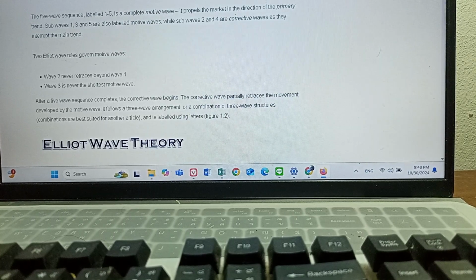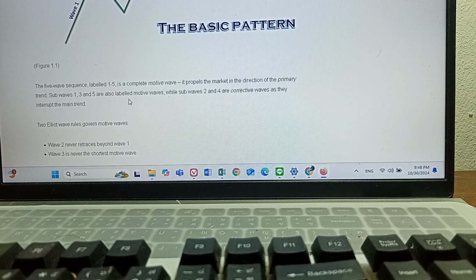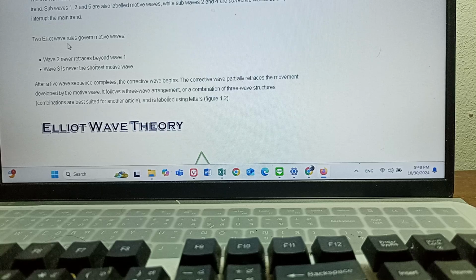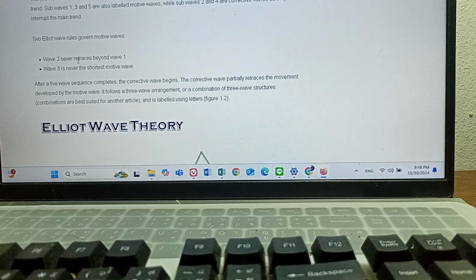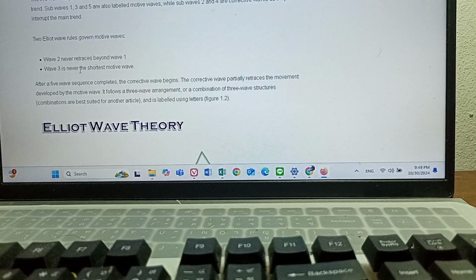Subwaves 1, 3, and 5 are also labeled motive waves, while subwaves 2 and 4 are corrective waves as they interrupt the main trend. Two Elliott Wave rules govern motive waves. Wave 2 never retraces beyond Wave 1. Wave 3 is never the shortest motive wave.